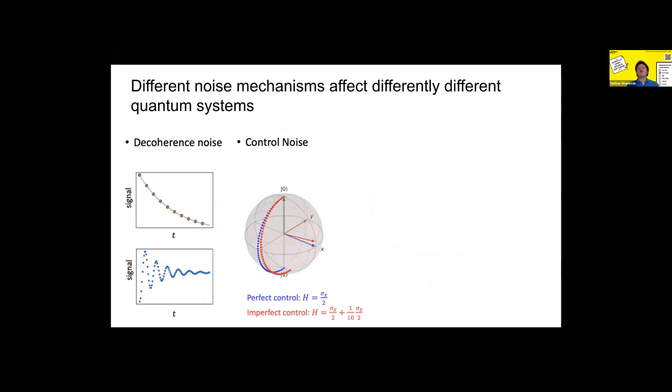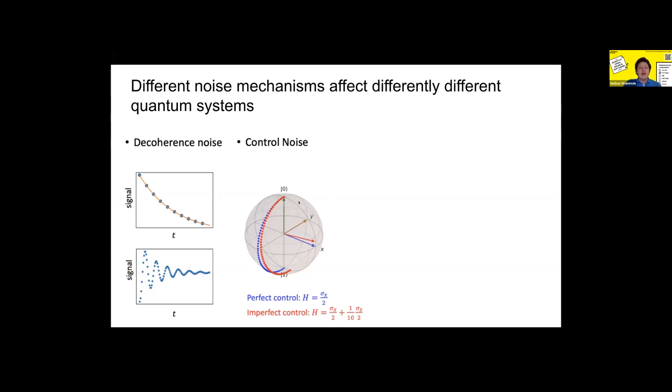There can be control noise that is not due to the environment, strictly speaking, but due to imperfections in the way we translate the operations that we would like to apply through a gate on the qubit into what is actually being done.